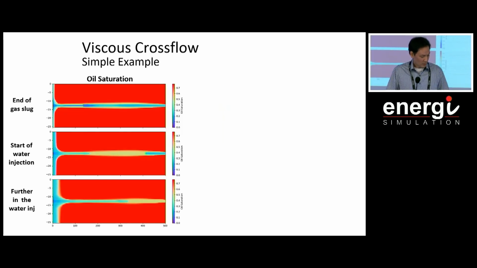So what will happen in a WAG simulation? The first picture is the end of the first gas slug, and you are just circulating gas. But then when you start the water injection, you can see right in the middle that there is an increase in the oil saturation. That's our viscous crossflow, and with further water injection, you're just displacing and producing this extra oil in the finger.